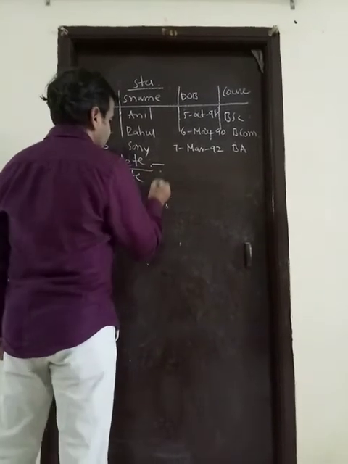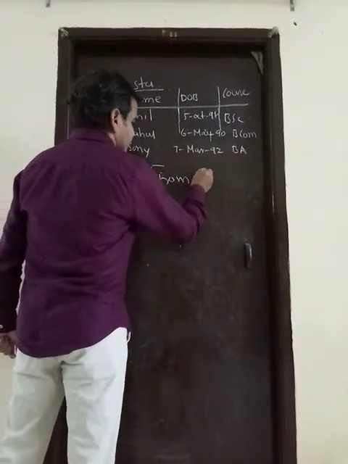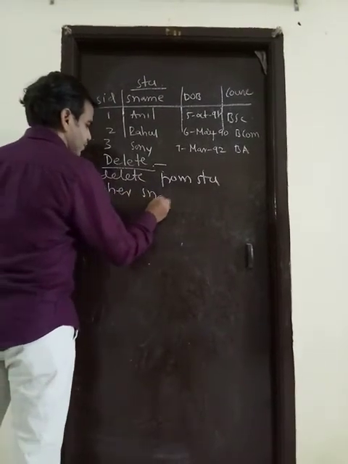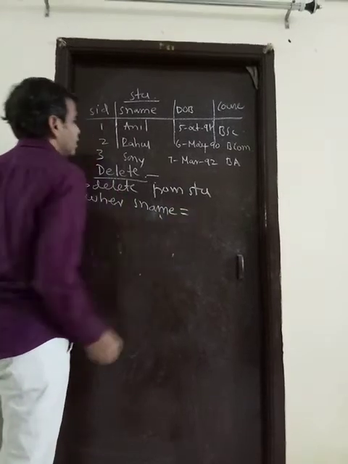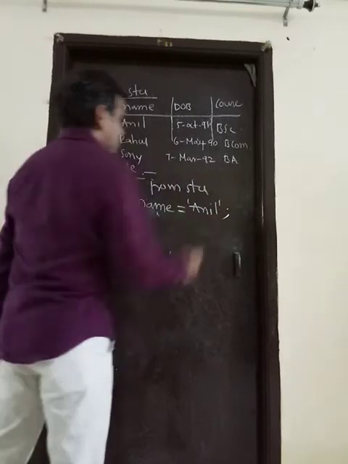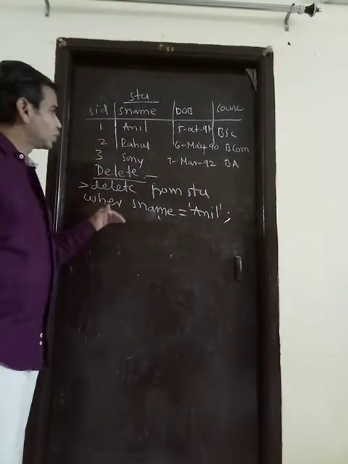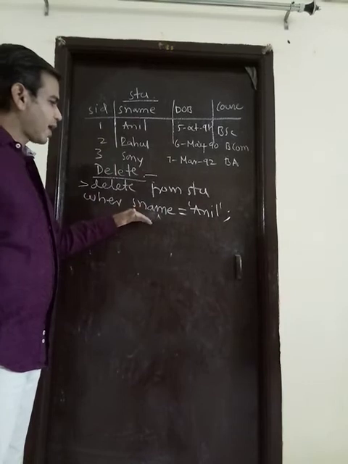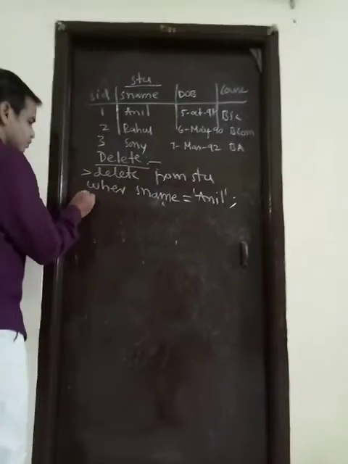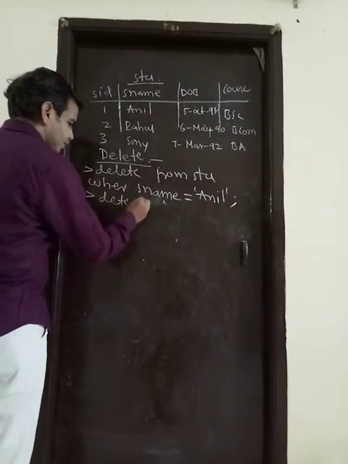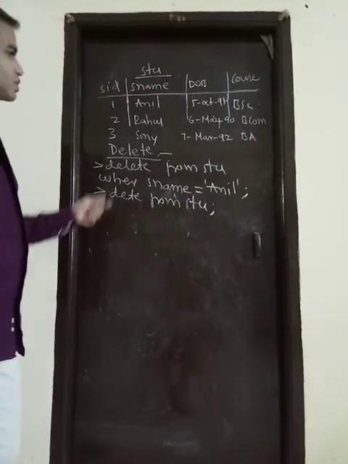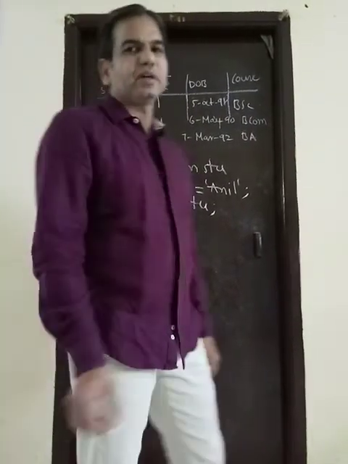Delete from student where name, here it is case sensitive, here Anil. So Anil. It means it will remove only this row, because the student name Anil is only one row, and that row will be deleted. If you are not specifying the where clause, all rows will be deleted. Delete from student. It means all rows which are in the table will be deleted. So this is the delete command.